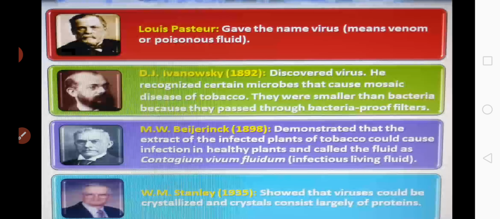So, in the year 1892, D.J. Ivanovsky discovered the virus. He recognized certain microbes that cause mosaic diseases of tobacco, and these microbes were smaller than bacteria because they pass through bacteria proof filters.